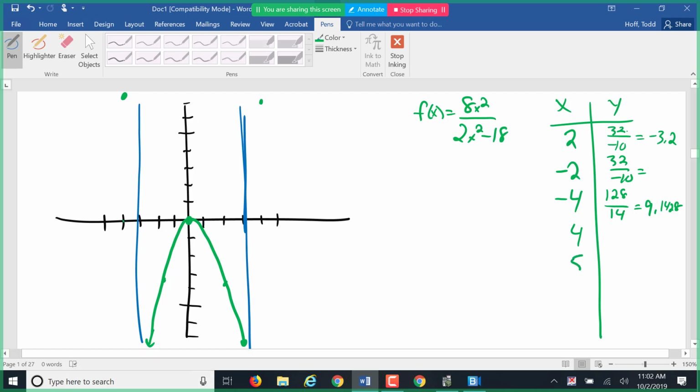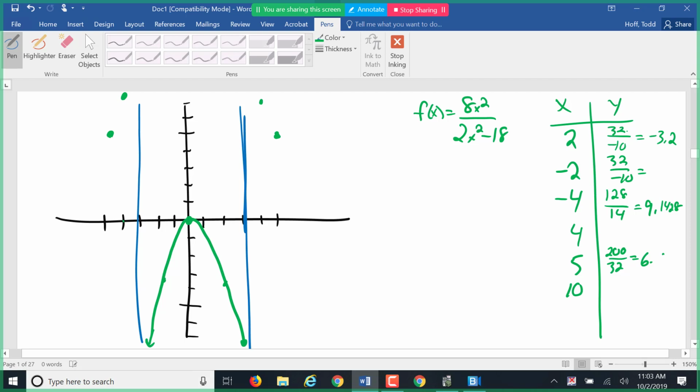Let's try a positive 5. 5 squared is 25 times 8 is 200. 25 times 2 is 50. Minus 18 is 32. So that is 6 point something. So at negative 5, we're going to have the same y value. Let's go at 10.